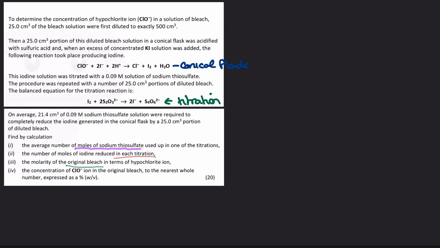So we worked out in the last one the molarity of the original bleach to be 0.7704 moles per litre. To get it in terms of a weight per volume, we need to get it in grams per litre. So we're going to convert that moles per litre to grams per litre for that ion.